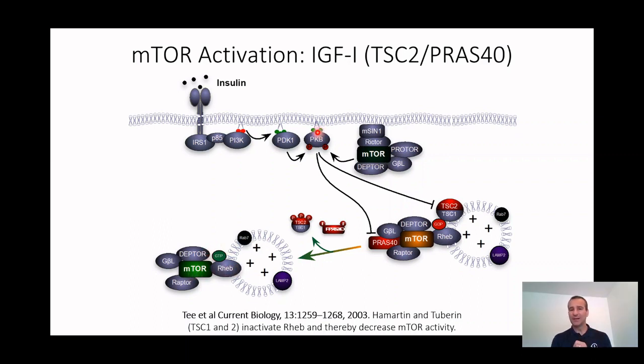The other protein that PKB phosphorylates is this protein PRAS40. And PRAS40 serves as an inhibitor of mTOR. The way that it works is that PRAS40, when it's not phosphorylated, it actually goes in and binds to mTOR in mTOR's kinase domain. And what it does is it prevents mTOR from phosphorylating anything else.